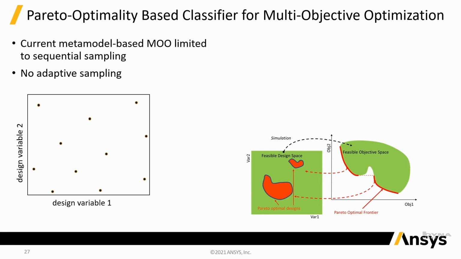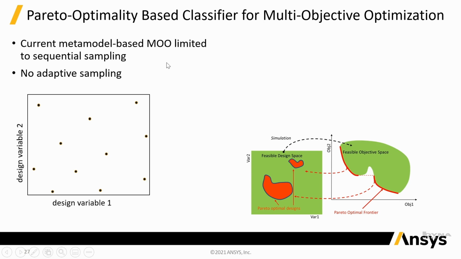Another feature which is also at an advanced stage of implementation is a new method for multi-objective optimization, which is an adaptive method based on classification. So until now, in LS-OPT, we have NSGA2 based multi-objective optimization, which can either be direct or it can be using metamodel-based approaches.